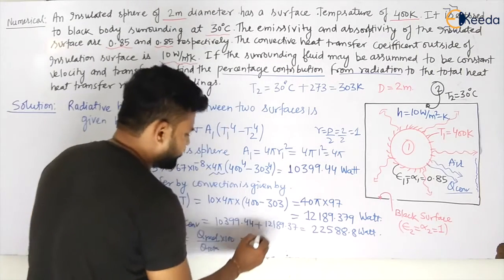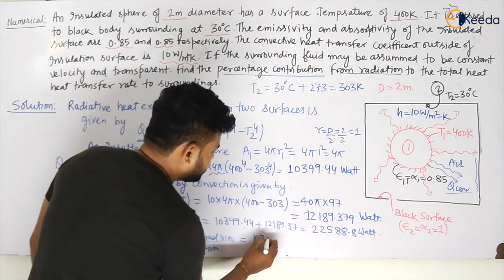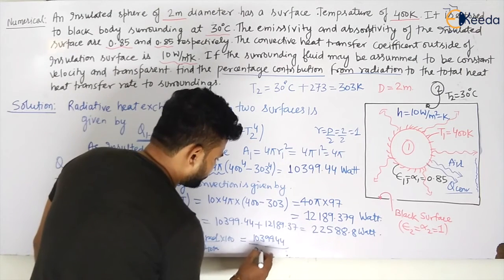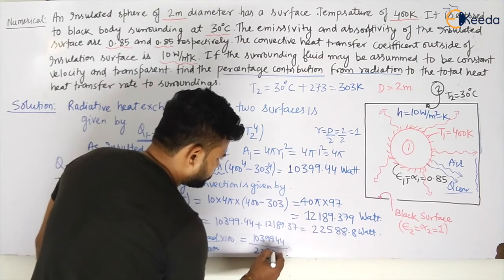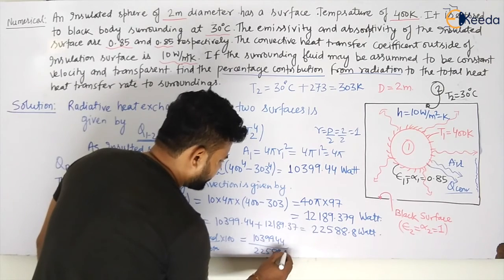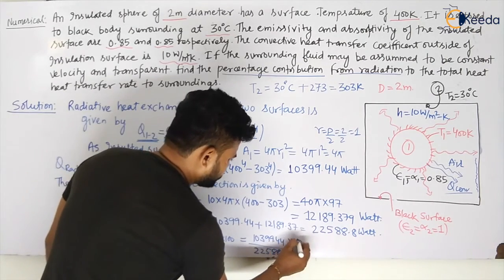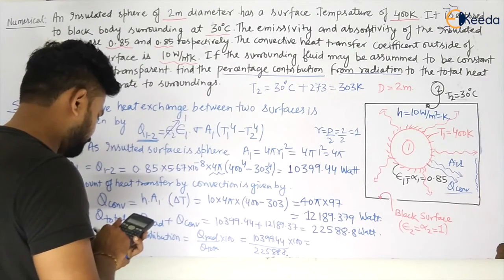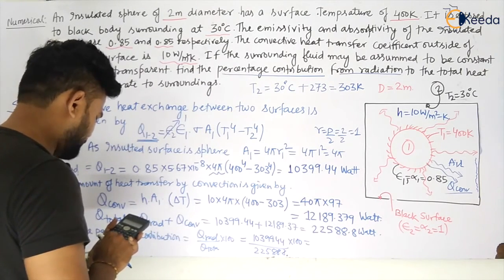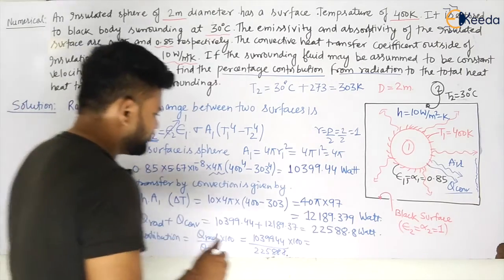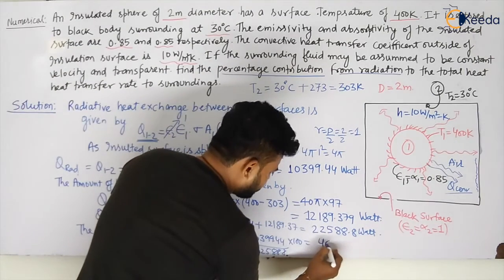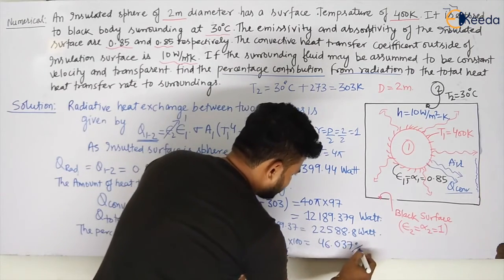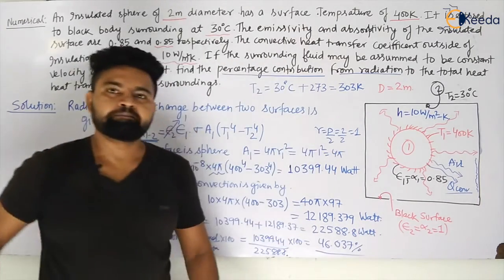Q radiation is 10399.44 divided by 22,588.8 multiplied by 100, my dear students. So the percentage contribution by radiation will be 46.037%, my dear students.